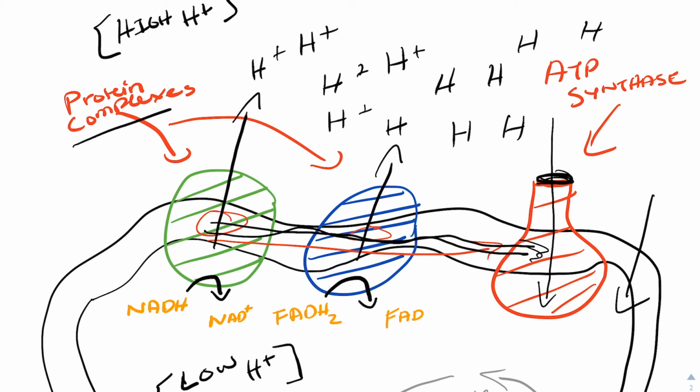Now, ATP synthase is actually a very complex molecule. It acts as a motor. It spins a motor that actually generates ATP. So once all these hydrogens move through here, we actually do generate ATP, and we generate a lot of it, up to over 30 molecules of ATP.